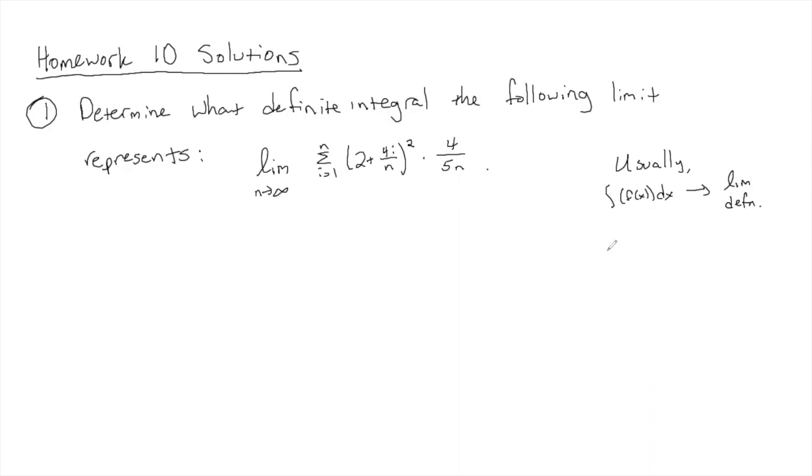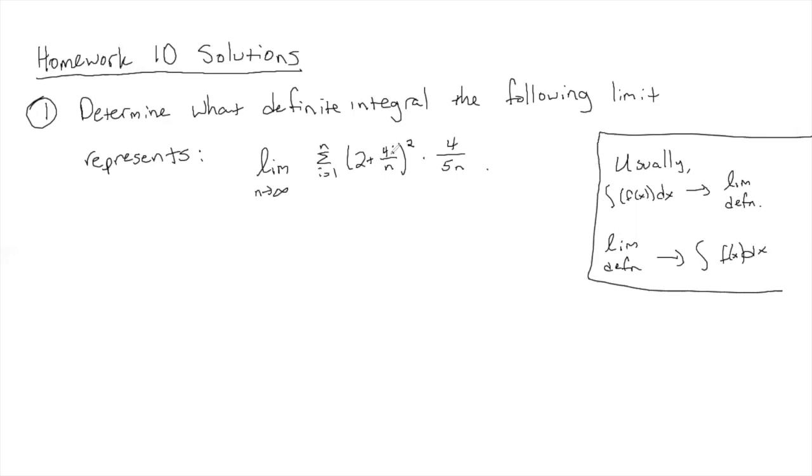Well, all this is asking is, here is the limit definition, and I want you to write it as an integral. That's all. So I'm given sort of the messier form, and I want to clean it up and write it in this sort of grown-up notation. All right. So let's see how we can do that.